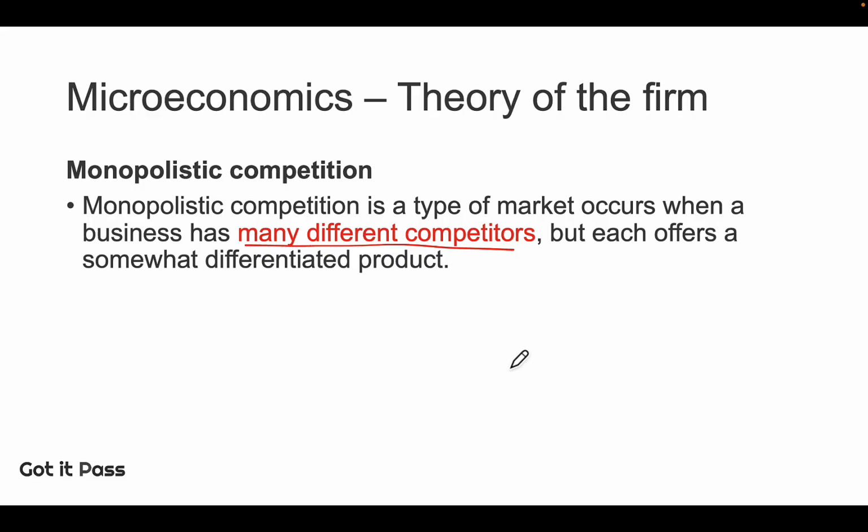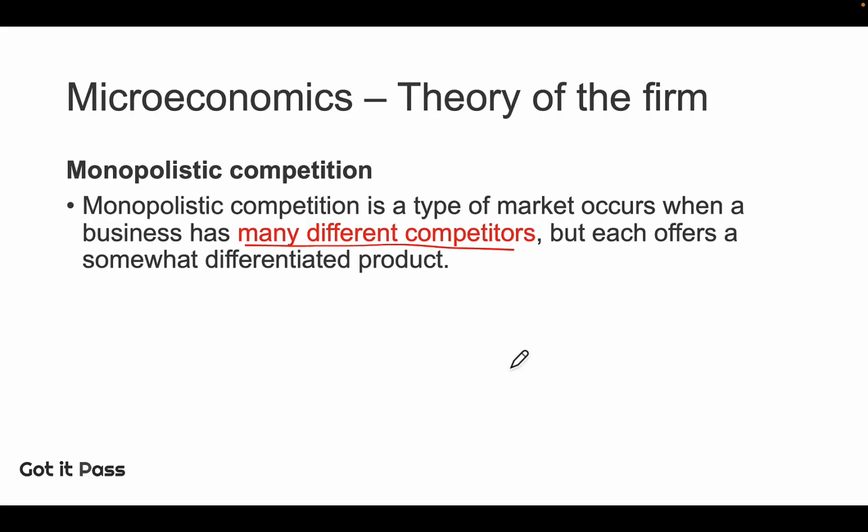They have some differentiation from their competitors, so somewhat differentiated products. But a pen or a ruler, the function of the ruler should be more or less the same, but they are slightly different, like in the design or other features of the product. So they have some differentiation.